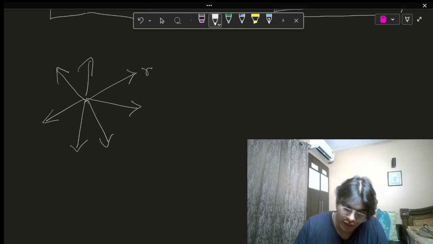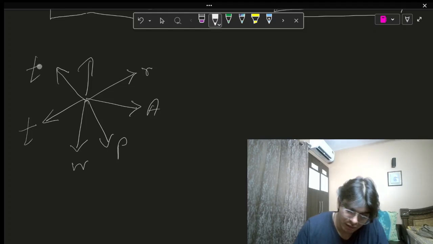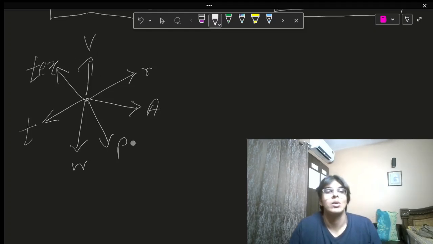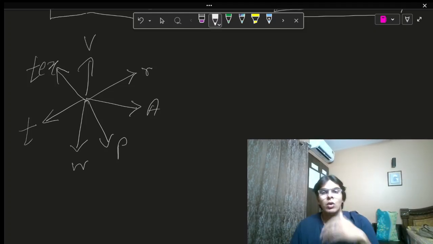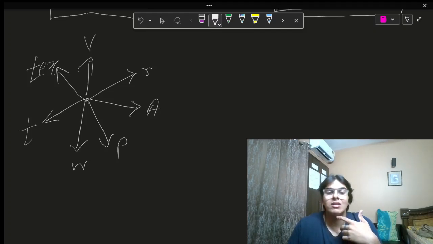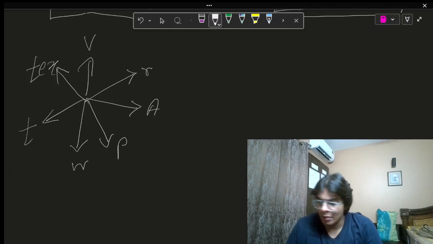This is radius, area, perimeter, width, thickness, texture, maybe volume, and we had all of these different features. Now our main problem is that we don't want all of these features. We want only some of them because they lead to a multitude of disadvantages, and I want to reduce them to a lower dimensional data.